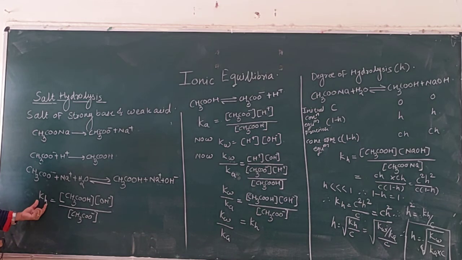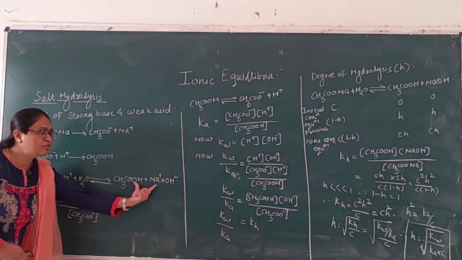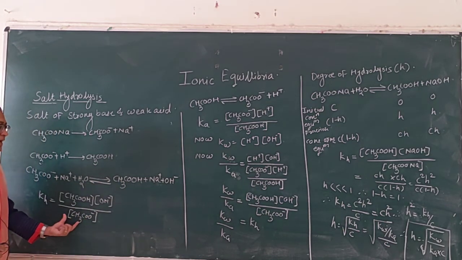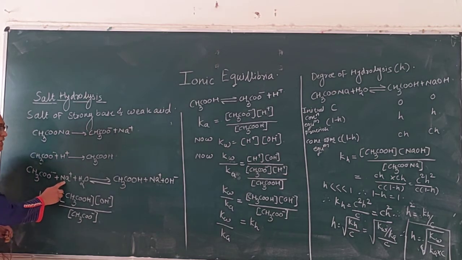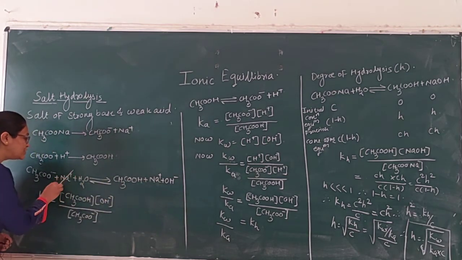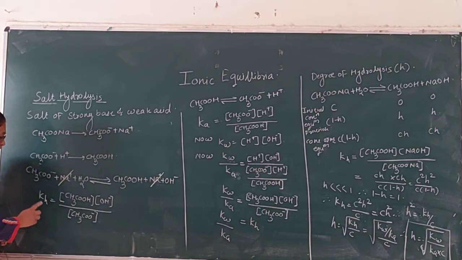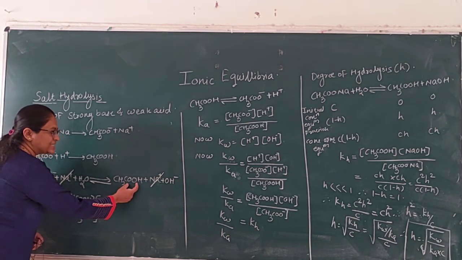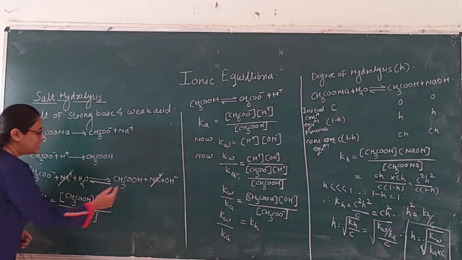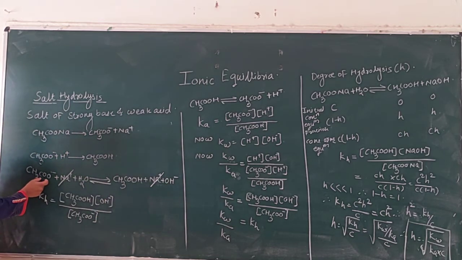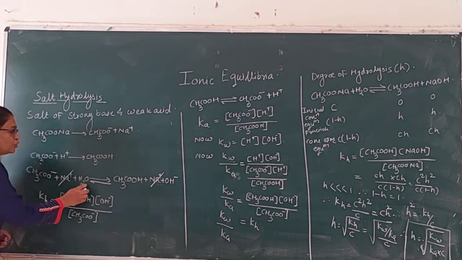The equilibrium constant is written as the concentration of the formed products divided by the concentration of the reactants. Here Na plus is common on both sides, hence Na plus is cancelled out. Therefore the formula becomes the concentration of acetic acid into the concentration of hydroxyl ions divided by the concentration of the acetate ion into water.